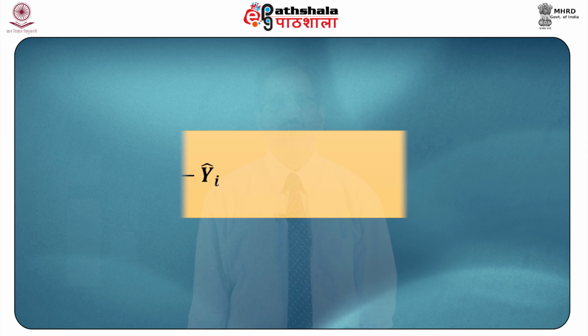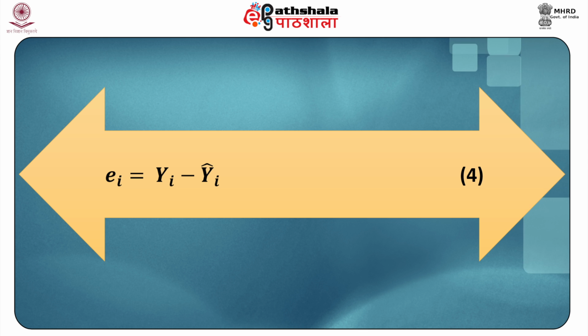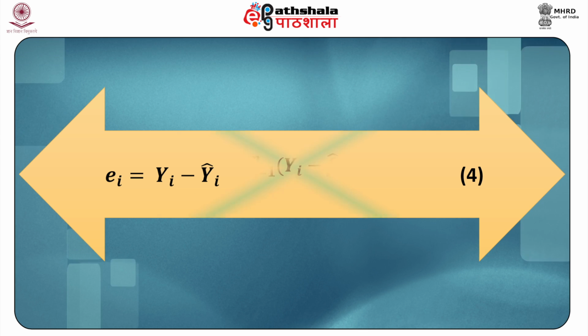So applying OLS, the procedure begins with minimizing the residual sum of the squares, where the residual is denoted as ei equal to yi minus yi hat. This is our fourth equation.